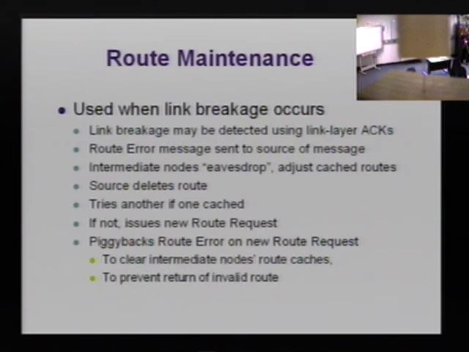If they can decode, they will again update their routes, and the source will delete the route. If it has another one in the cache, it will try that. If not, it will send a route request, and when doing that route request, it also piggybacks this route error to help the other nodes that hear it on the way. They will also update their caches.